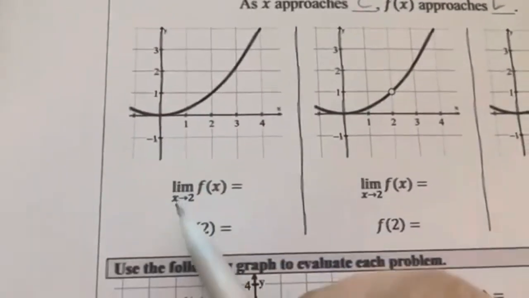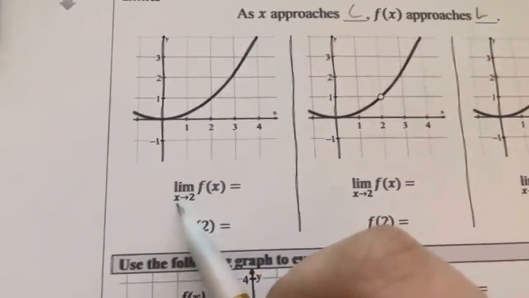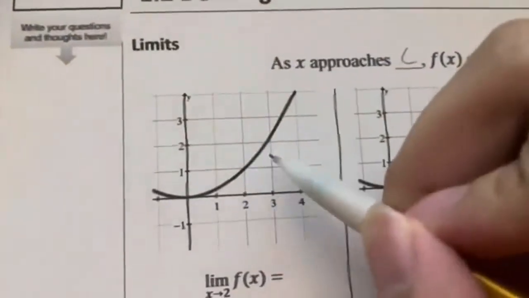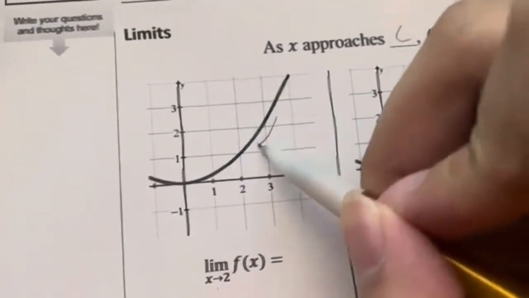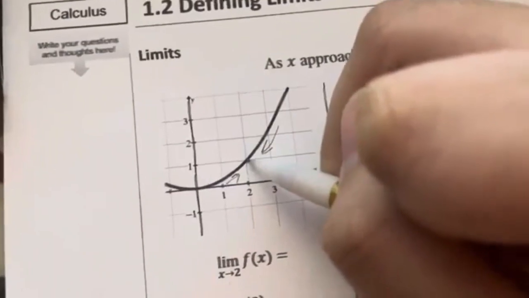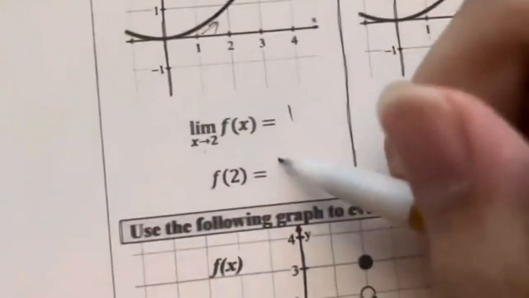The limit as x approaches 2 of f of x equals... look, as the line approaches 2 from either side, the limit is 1, and f of 2 is 1.